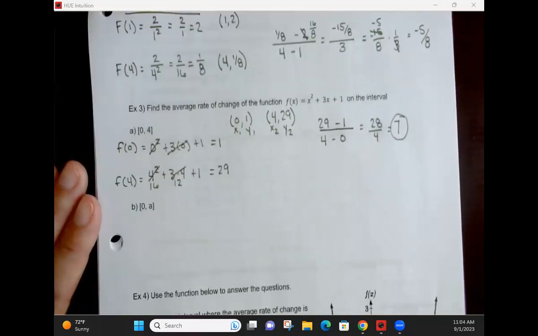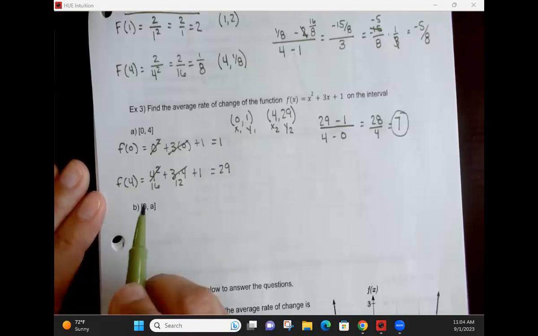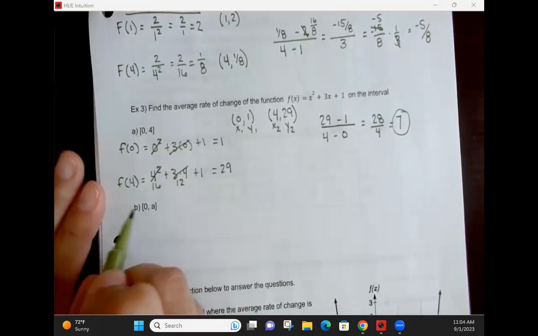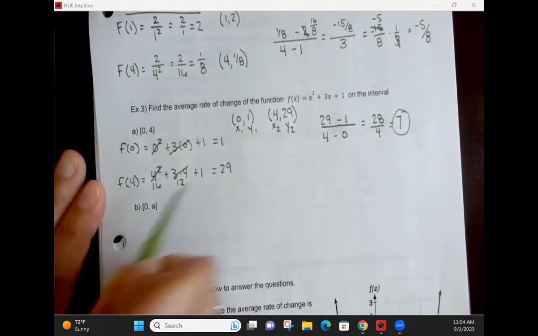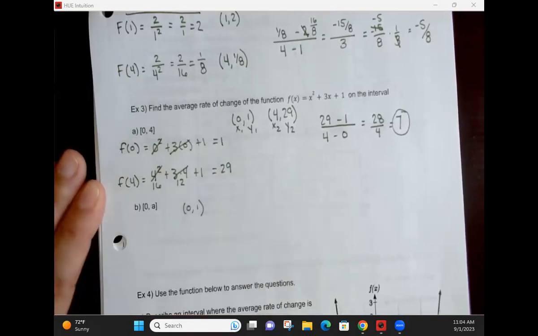B, a little bit different. Again, this is something that SAT likes to do. Instead of giving you numbers here, they like to throw in constants where they don't actually tell you what the value is. That's okay. That doesn't change anything that we're doing here. And I already plugged in 0, so I already know the first point is 0, comma 1.